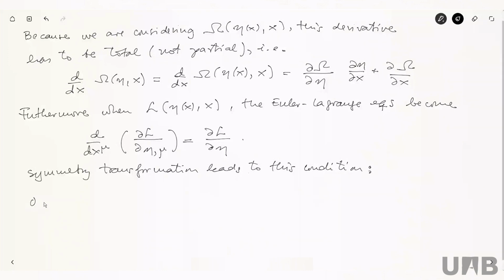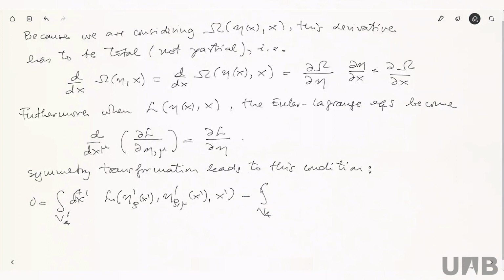So this 0 is the integral d4x prime over V prime of the Lagrangian of eta prime rho, which depends on x prime, eta prime rho comma mu, which depends on x prime and x prime, minus the integral over V4.